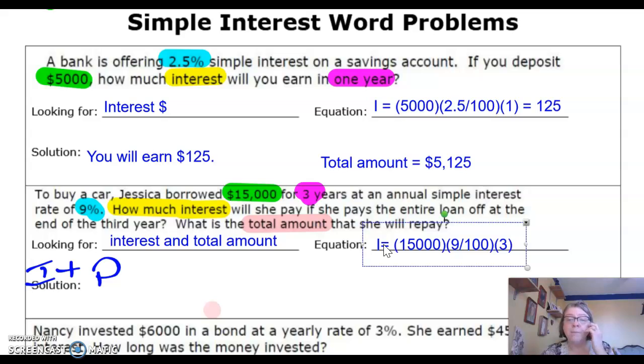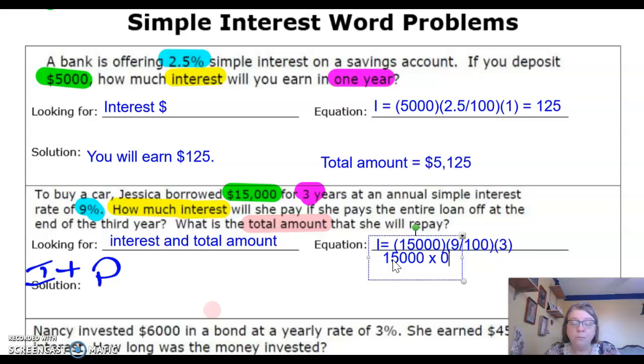All right, so basically I'm going to be multiplying those numbers together in the calculator. So my first solution is going to be 15,000 times 9 divided by 100 times 3, or you can also do 15,000 times 0.09 times 3, because I do know a lot of you guys are good at moving that decimal point. Okay, so that's basically what I'm typing into the calculator.